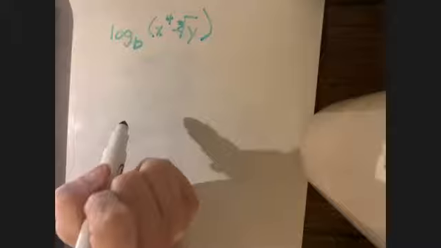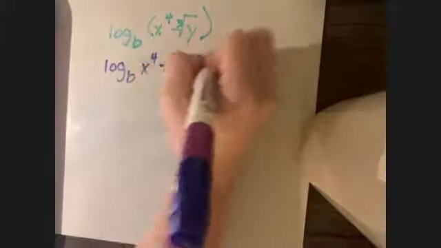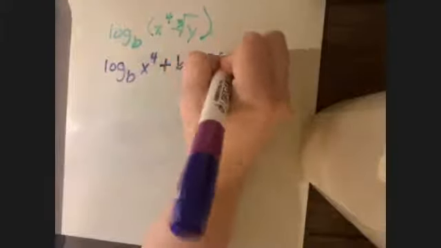So the first thing is quotient. I don't have any fractions over here, so I don't have to do that one. Next thing is product. I do have 2 things in here, so I can separate this x to the 4th plus log base b cube root of y.